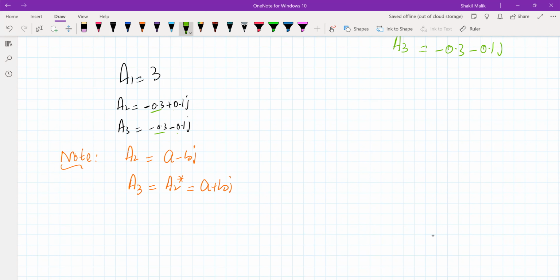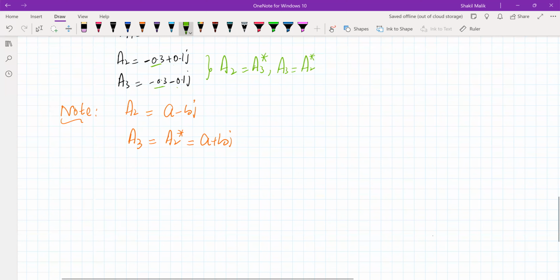So it is the complex conjugate of this. That means if you have found one, you don't need to find the other one. If you have found A2, you can write A3 directly as the complex conjugate of A2.